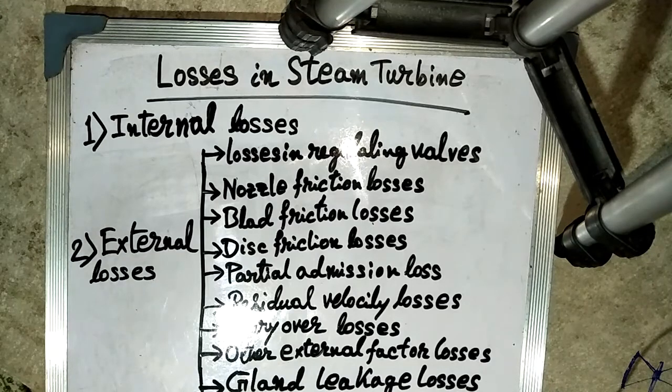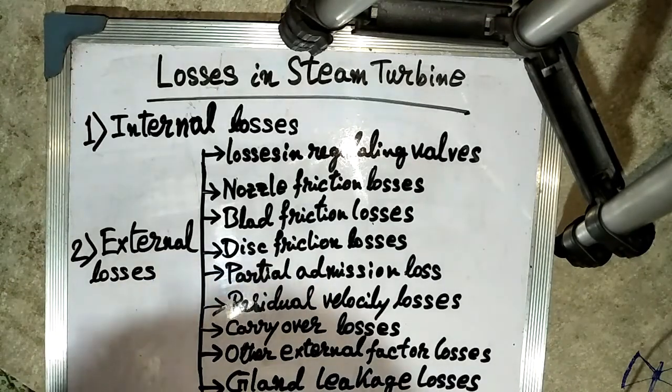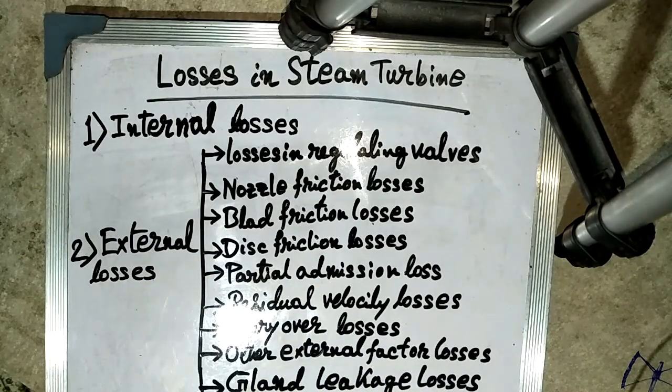In external losses, the fourth one is the disc friction loss. When the turbine disc rotates in a viscous steam, there is a surface friction loss due to the relative motion between the disc and the steam particles. Due to the centrifugal force, the steam is thrown radially outward.